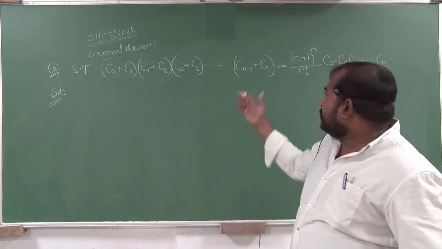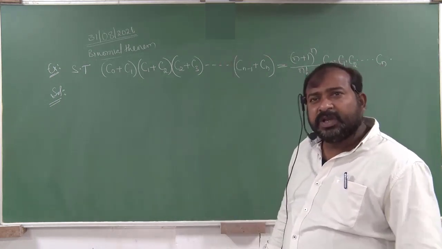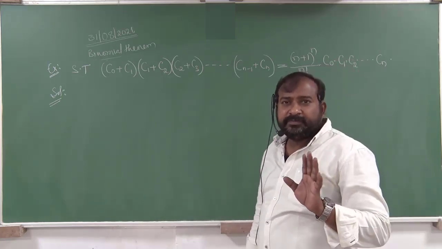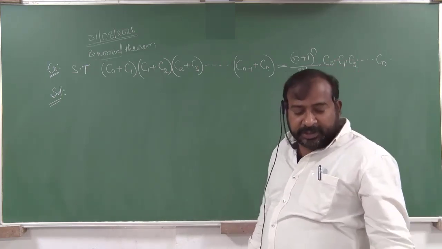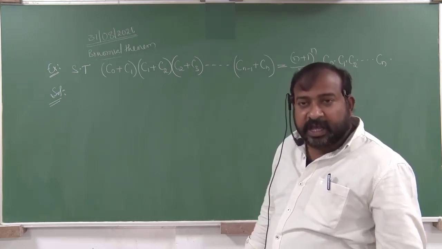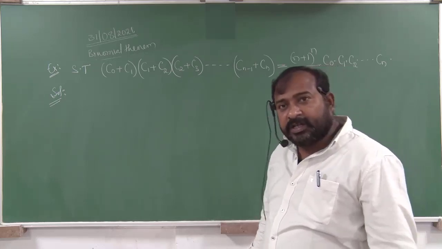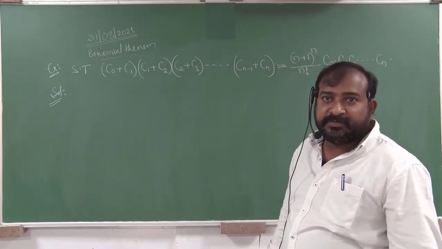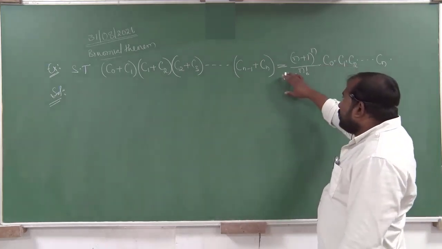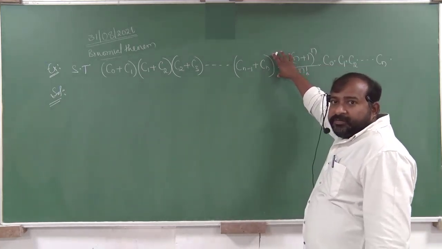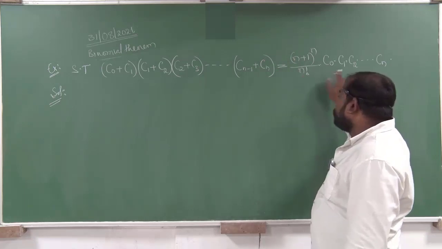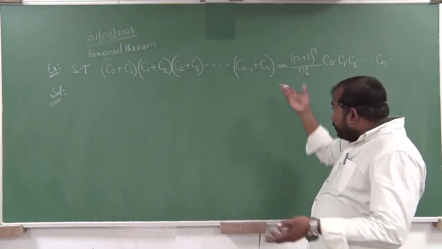You can take n equal to some value like 3, and apply the verification process. Whenever an example on binomial coefficients is there, you may apply the logic by taking n equal to 1. So for example, this is the question they gave, and out of 4 options this is one option. Then what can you do?